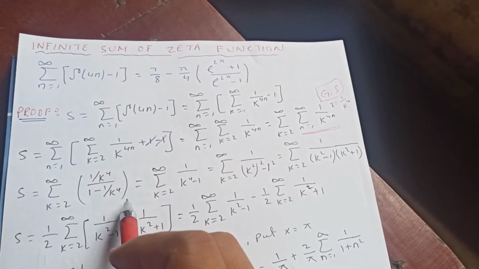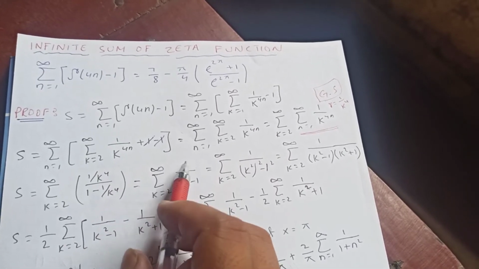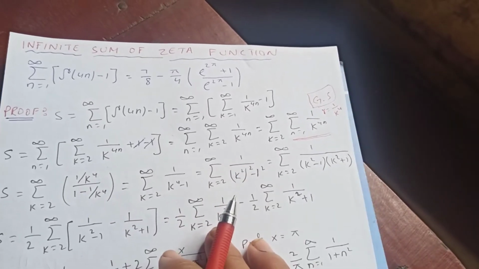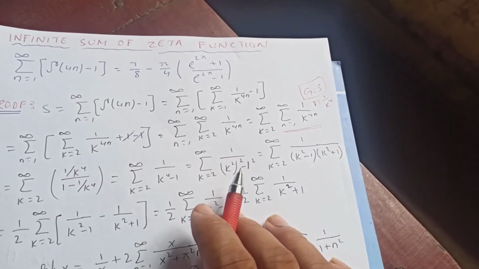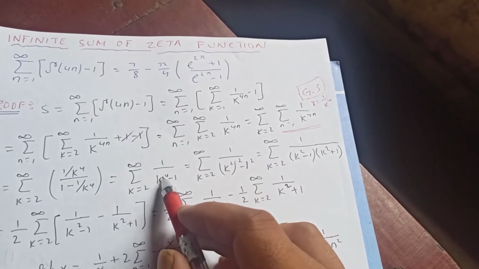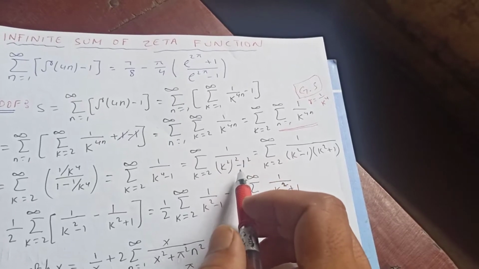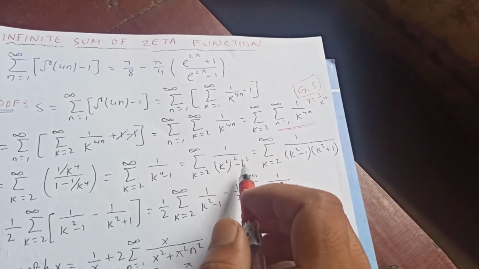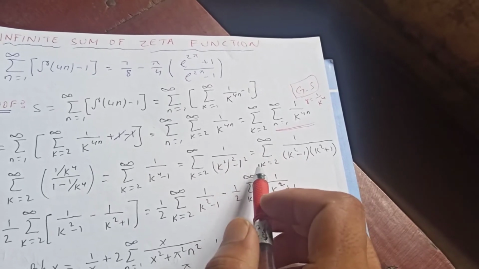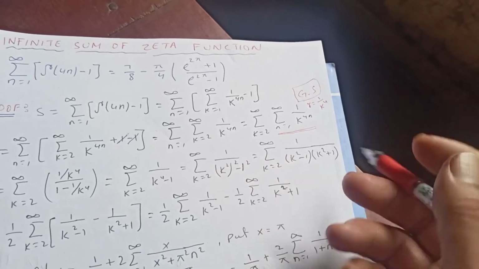Now if you simplify this, you will get the sum from k equal to 2 to infinity of 1 over k to the 4 minus 1. Using algebra, k to the power 4 is k squared squared, and 1 is 1 squared. Applying a squared minus b squared, you get the sum from k equal to 2 to infinity of 1 over (k squared minus 1)(k squared plus 1).